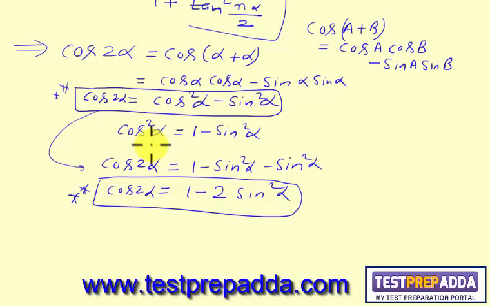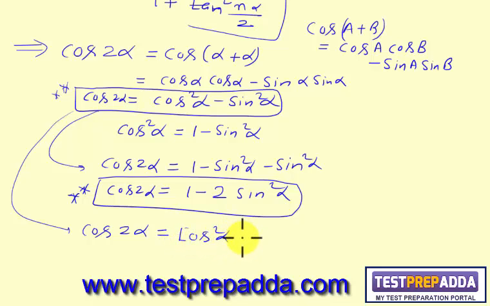Similarly, if I write sin square alpha is equal to 1 minus cos square alpha, and if I substitute, cos 2 alpha will be obtained as cos square alpha minus 1 plus cos square alpha, since minus minus becomes plus.